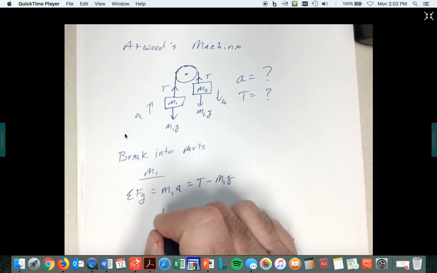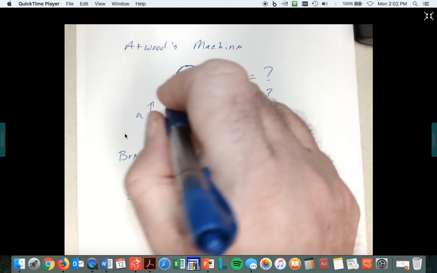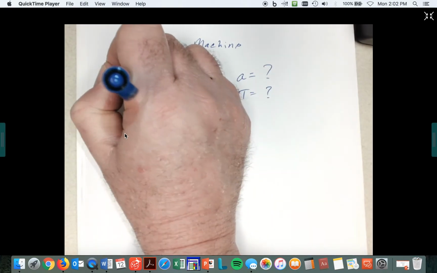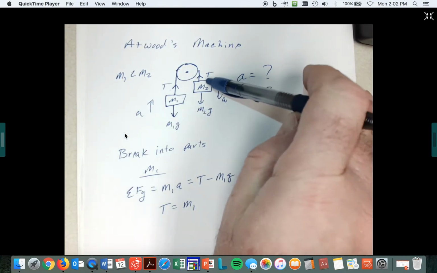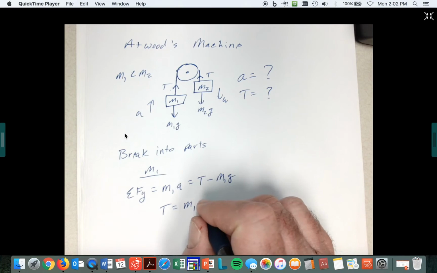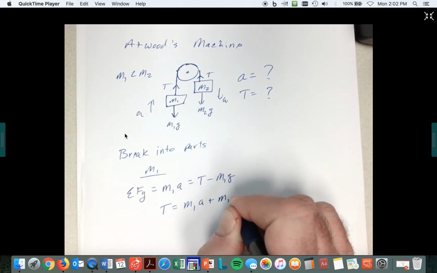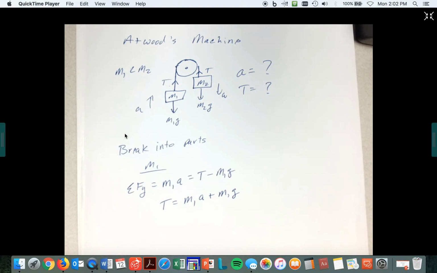I'm assuming that mass 1 has less mass than mass 2. So when they both feel the same force in the same gravitational field, mass 2 is going to pull with a greater force and pull it down. So the tension is equal to m1a plus m1g. Okay, so I've found an equation for the tension.